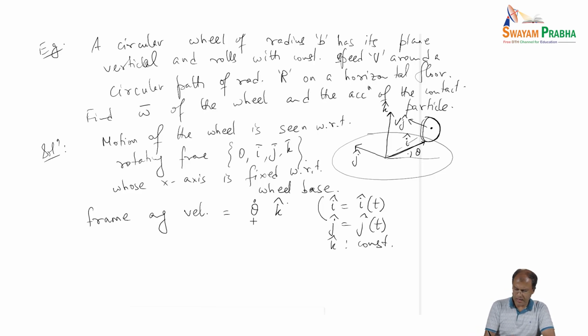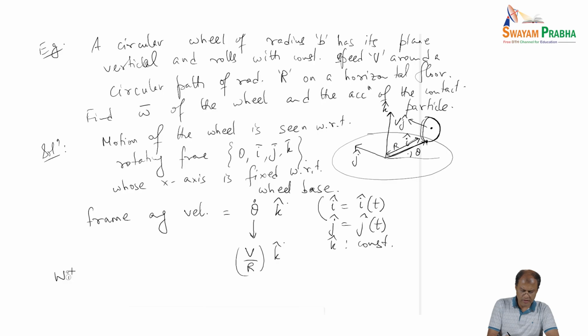Okay, so theta dot here is because the wheel is rolling. From the rolling condition, at the contact point we have that theta dot is v over r, right? R is the radius of the wheel.